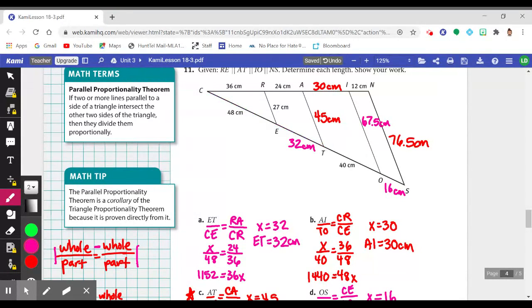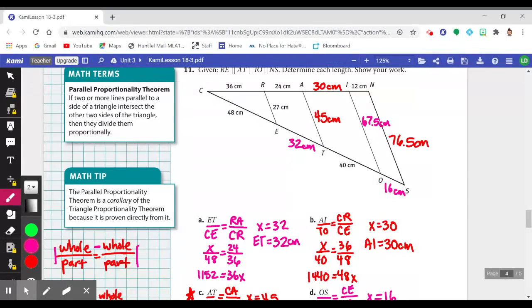And this is where the triangle proportionality theorem comes into play. Because if RE is parallel to AT, then RE divides CA and CT proportionally, such that ET corresponds to CE, just like RA corresponds to CR.